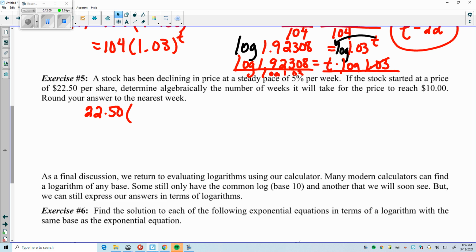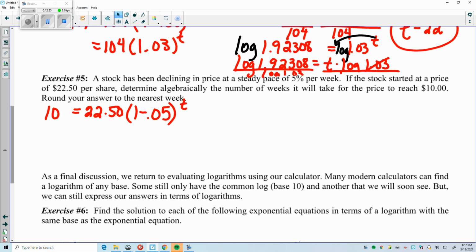We're going to multiply that by 1, and then our rate. And since we're declining, I need to think subtracting out our rate expressed as a decimal. And then I know it needs to equal $10. That's my final amount. I want to know how much time it's going to take. Okay, so there's our equation.